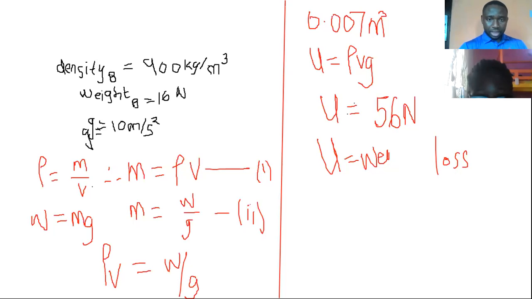Number one: a piece of wood of mass 60 kg and density 600 kilogram per meter cube floats in water of density 1000 kilogram per meter cube.